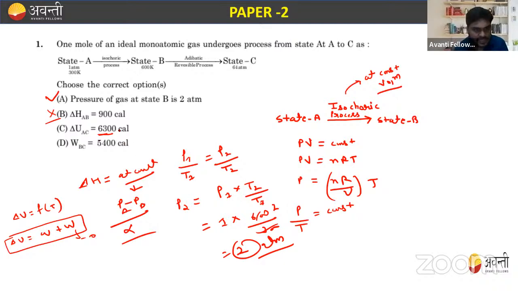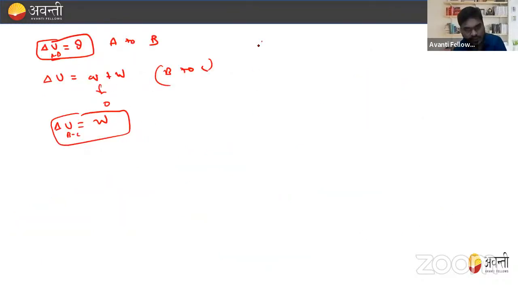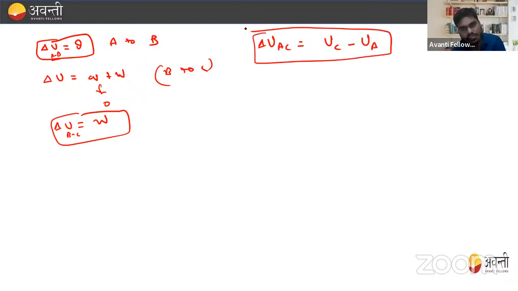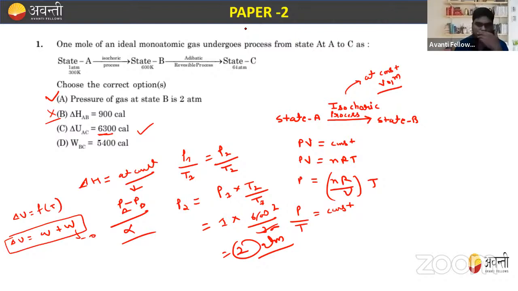So the value is like delta U_AC 63 kilo calorie, right? And we also know that delta U_AC is an internal state function. So delta U_AC is equal to internal energy of C minus internal energy of A. So just subtract these two values, internal energy at C and internal energy at A, you will get the value.